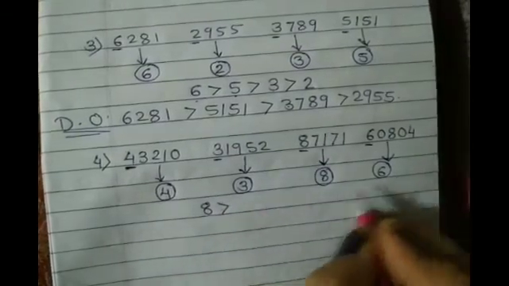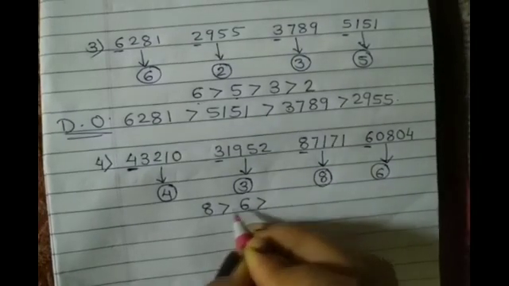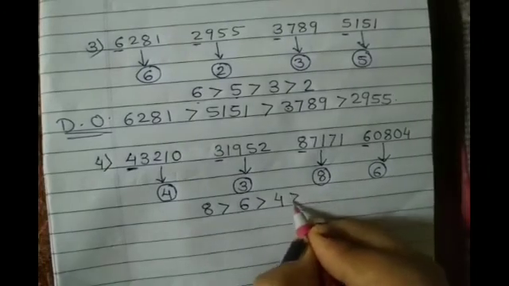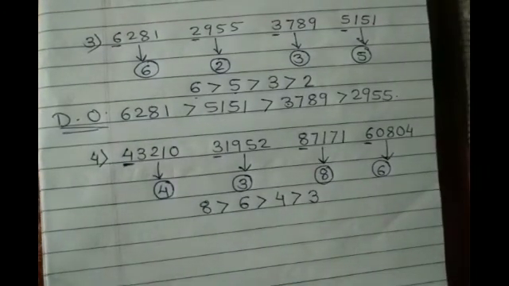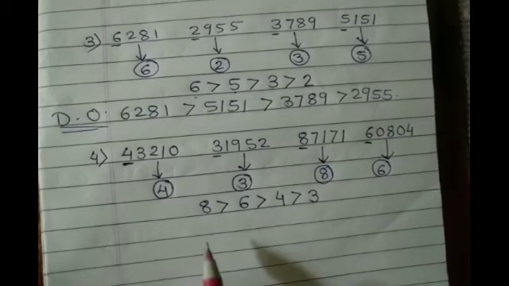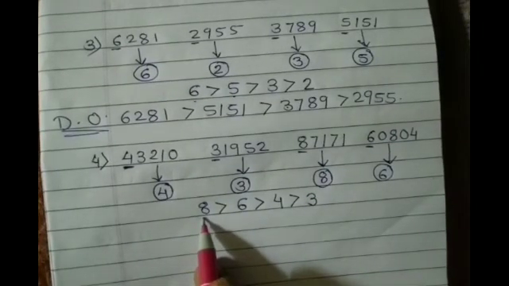It is greater than 6. 6 is greater than 4, and 4 is greater than 3. So for writing descending order, we will write down the number which has 8 at the 10,000s place first.